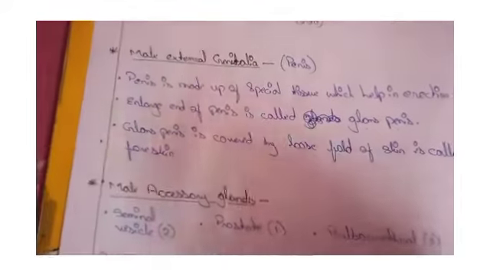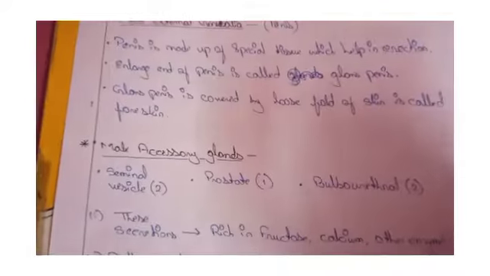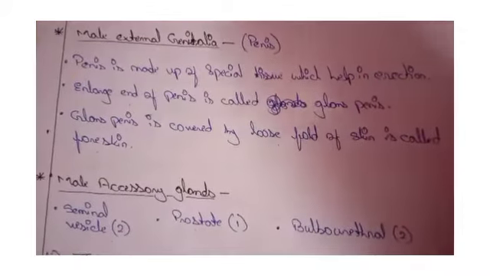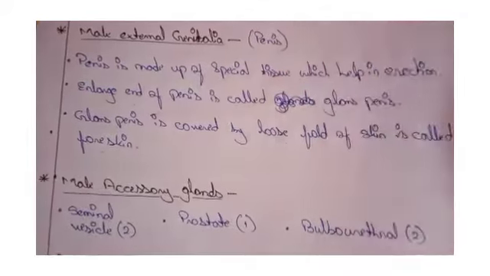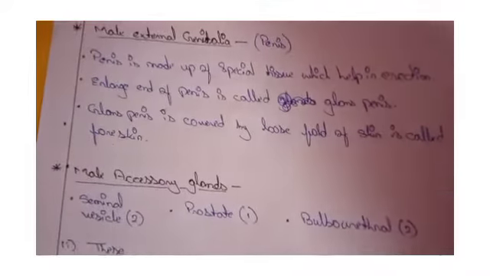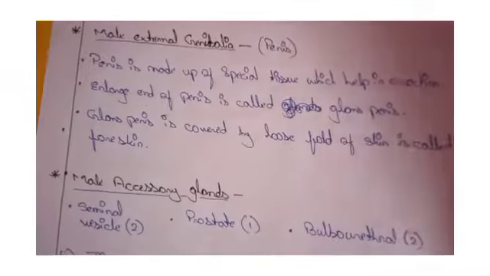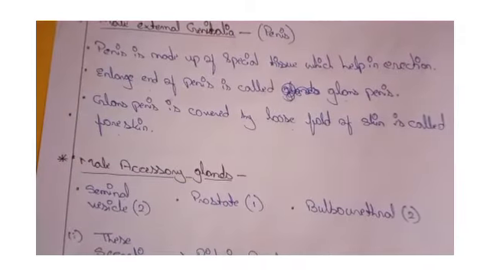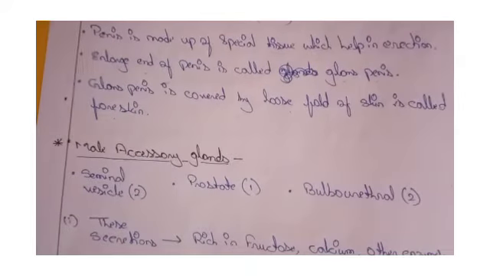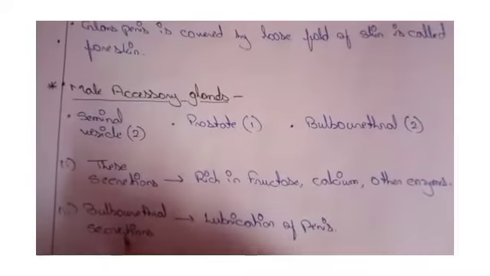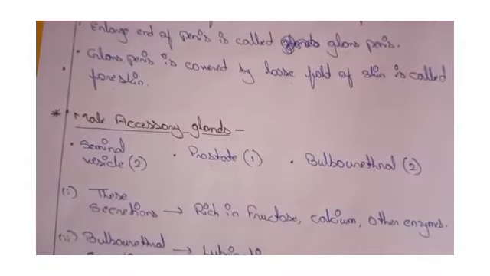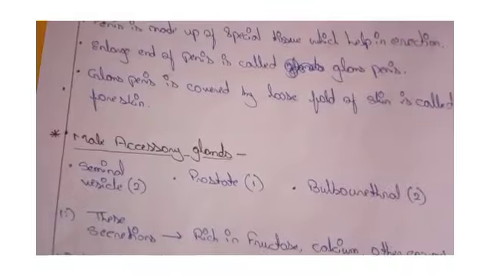These glands secrete fructose, calcium, and other enzymes, which help in migration, nourishment, and transportation of sperm. And the bulbourethral gland is for lubrication of the penis.